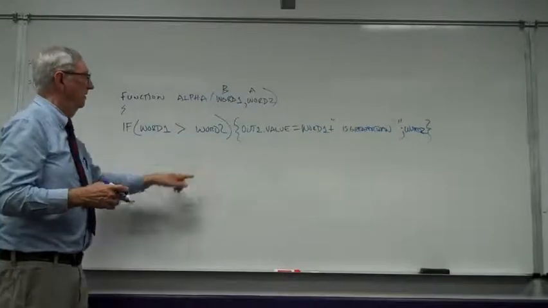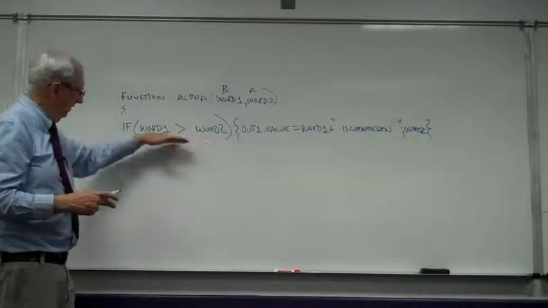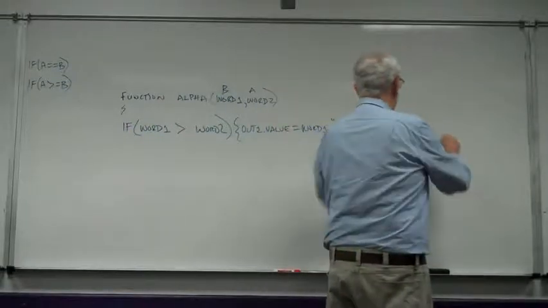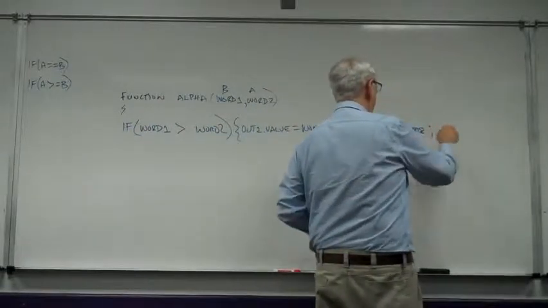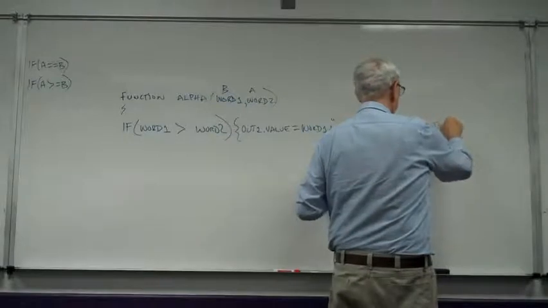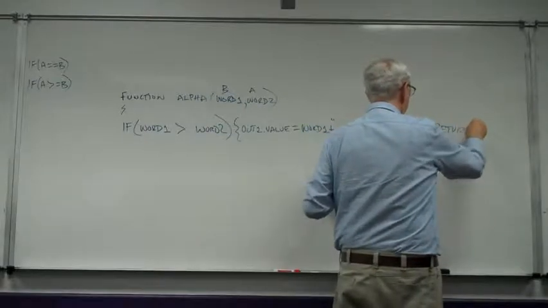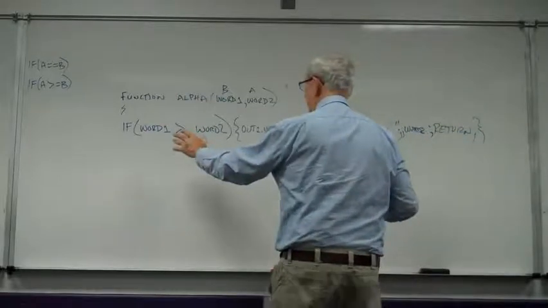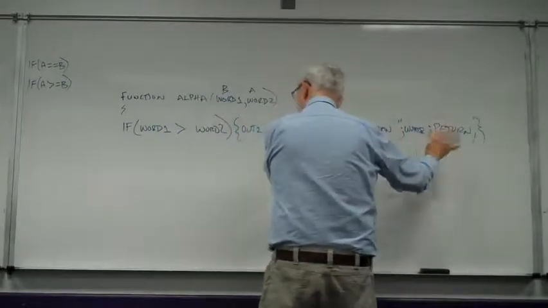If this fails right here, it's going to come down to here. Well, I've got to have a return. I've got to get out of here. Sorry about that. Semicolon, return, because you don't want to hit the next line, like so. So what'll happen is it'll say, is this bigger than this? If it goes over here, it's going to say it's greater than.